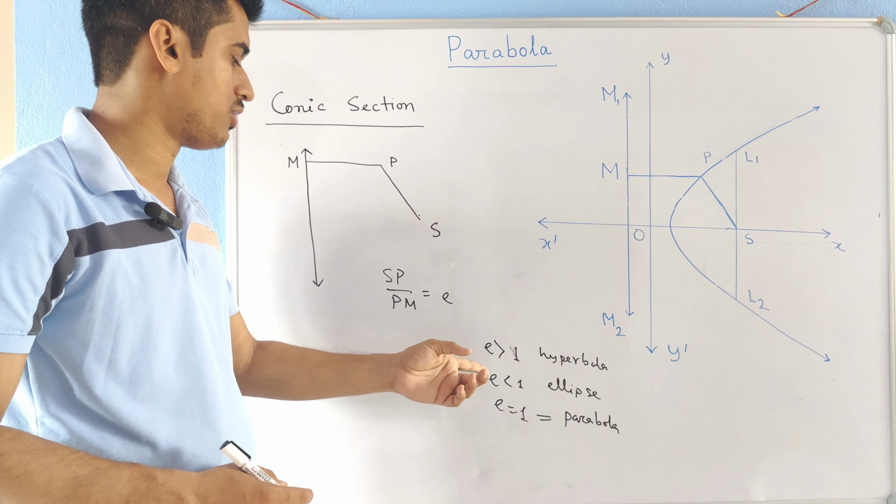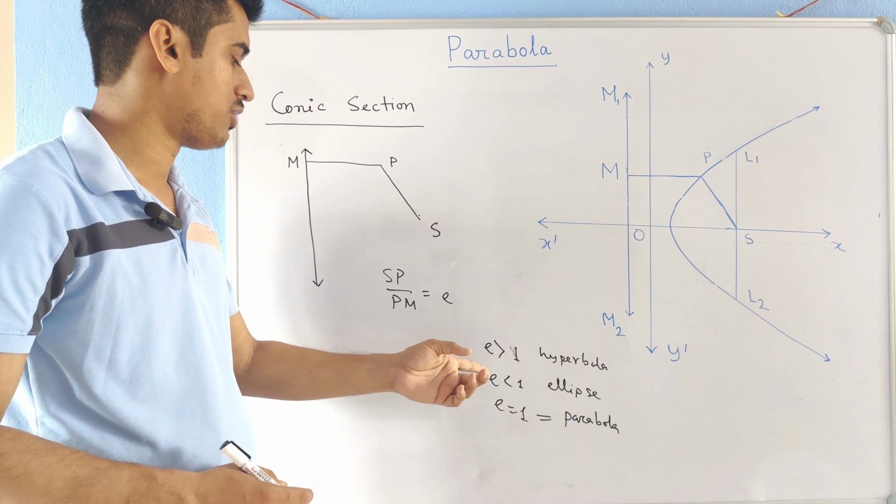Now, we know that the general equation of second degree, ax square plus 2hxy plus by square plus 2gx plus 2fy plus c equals 0, is a parabola when ab equals h square.